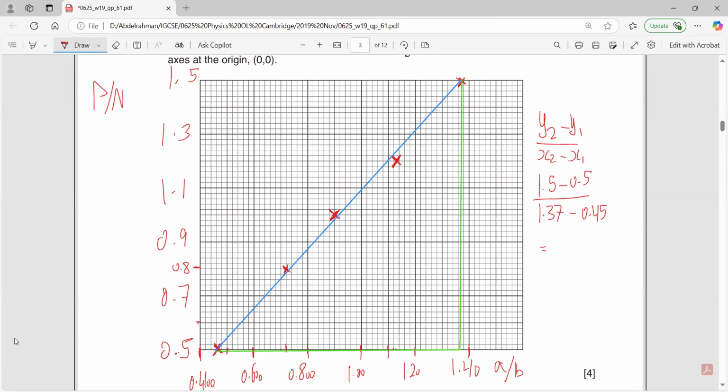I guess this was 1.1, but let me calculate it again. Over 1.37 minus 0.455. Yes, exactly. The gradient would be around 1.1.